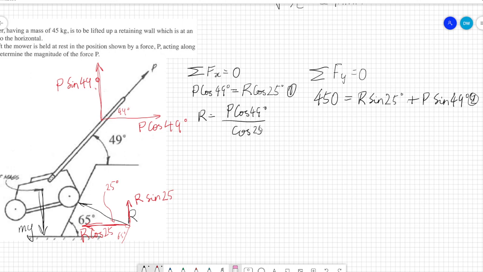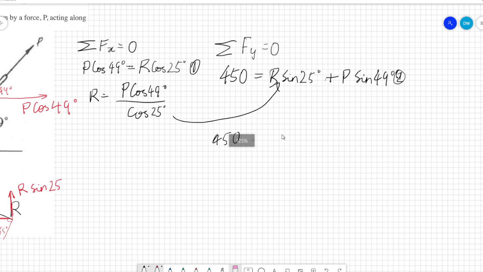We substitute in here: 450 equals P cosine 49 degrees over cosine 25 times sine 25, plus P sine 49.